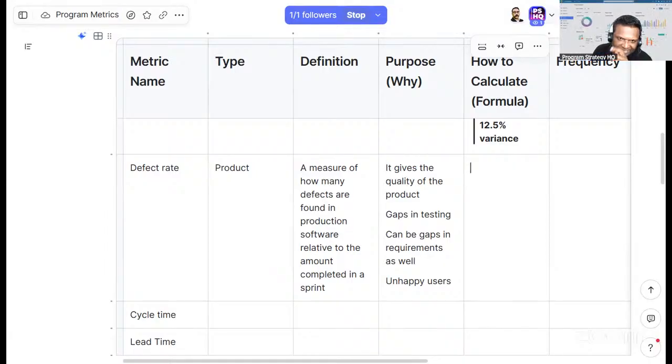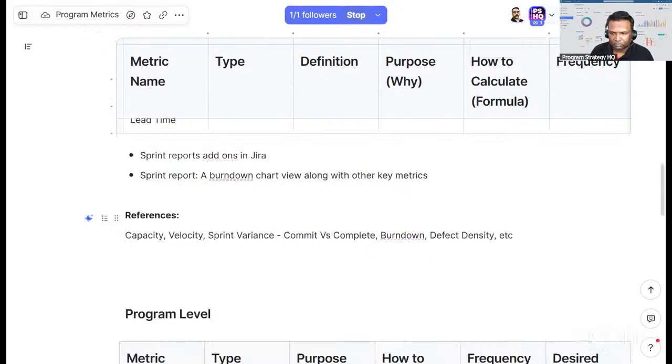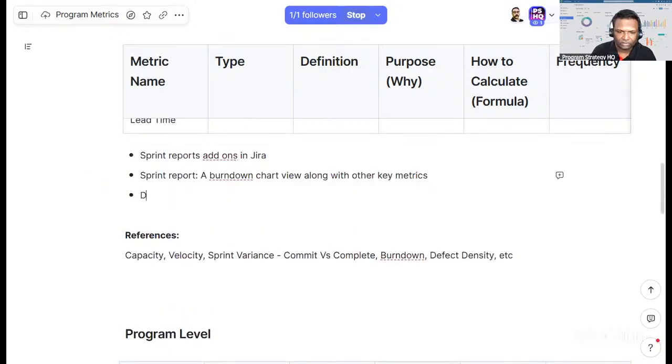There are some variations to this defect rate also, which, as you said, are defect leakage or defect density. I'll also capture it here somewhere. I'm just pasting an image.